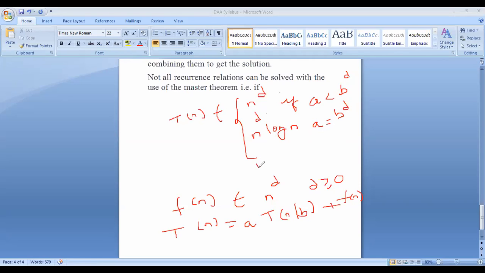T of n equals n power log a to the base b if a is greater than b power d. So depending upon the a value, we get the n power d value, or n power d log n value, or n power log a to the base b value. So this is what we call the master theorem.